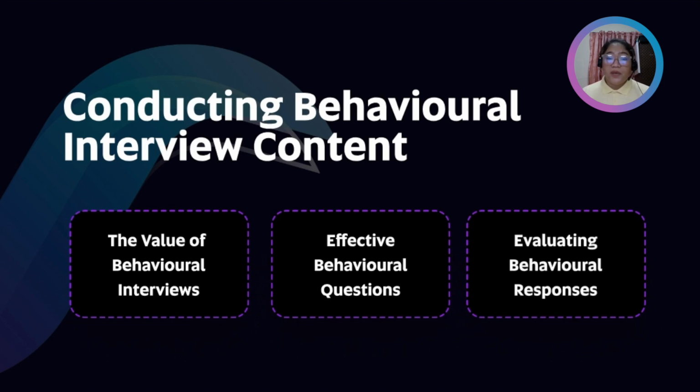When evaluating behavioral responses, focus on how the candidate handled the situation, particularly in their actions and problem-solving approach. Compare their answers to the key competencies you've outlined for the role. Using a scoring system for these responses helps ensure consistency and fairness across all candidates.